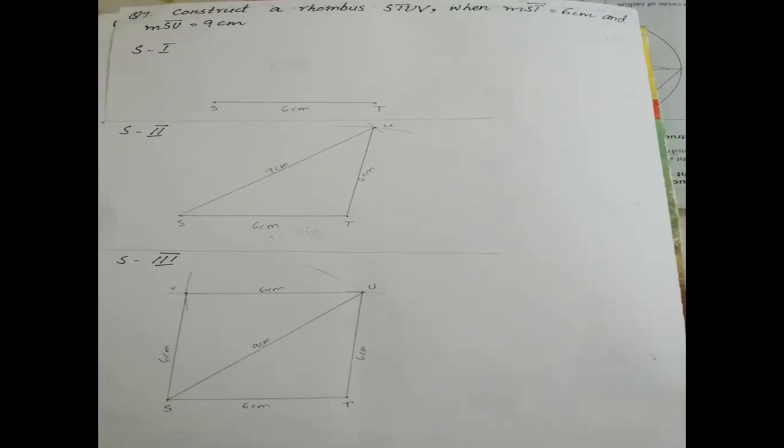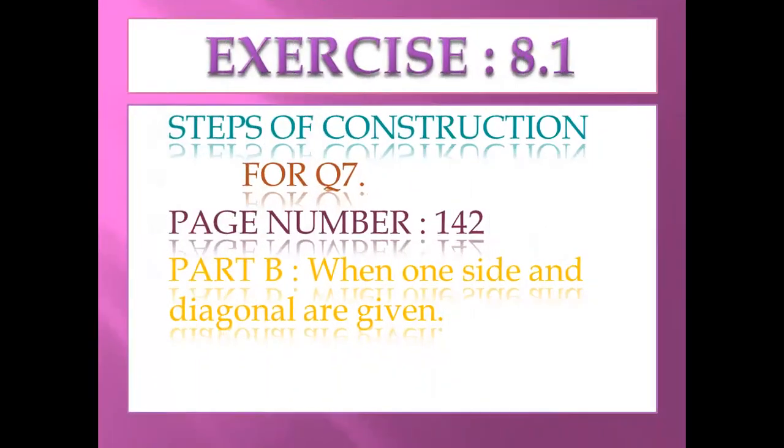The steps of construction of this question are on page 142 under the statement when one side and diagonal are given. And I'm again repeating that according to your question, you will label the diagram and give the measurement of the values of the sides.